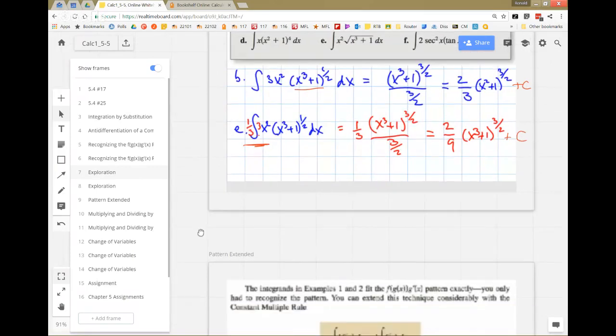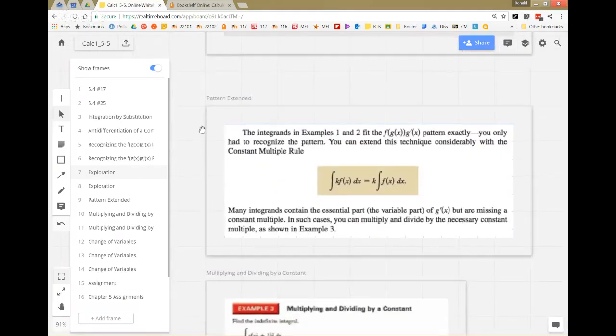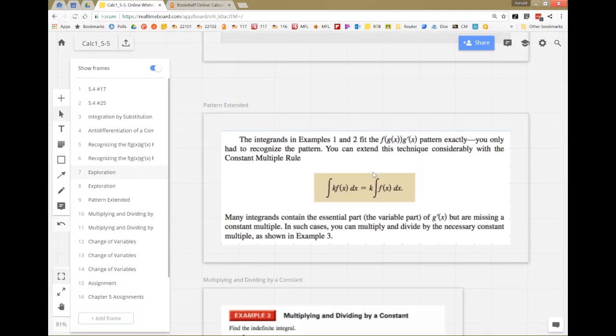So this idea of finding the pattern, and once you find the pattern, there's nothing new. You just integrate in the normal way. Once you realize the chain rule was used here, then you can do your normal integral. At the bottom it says some integrands are almost correct except for the coefficient.